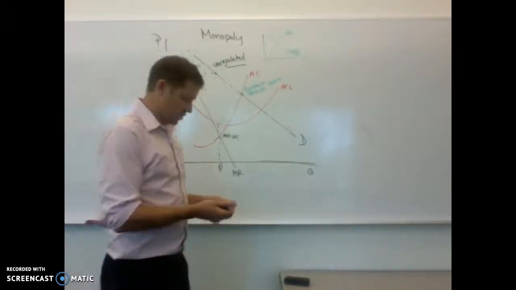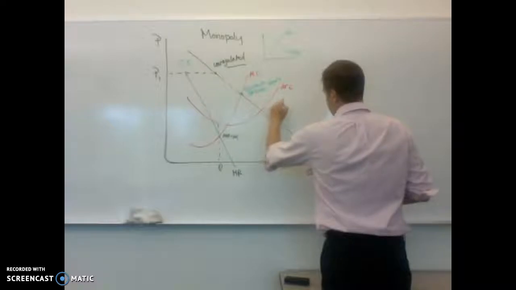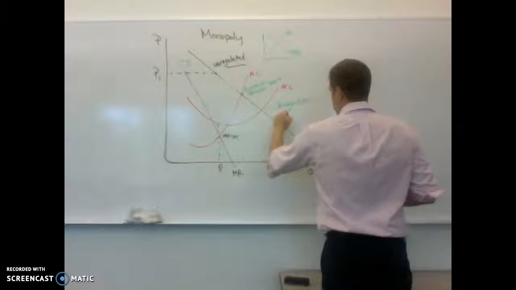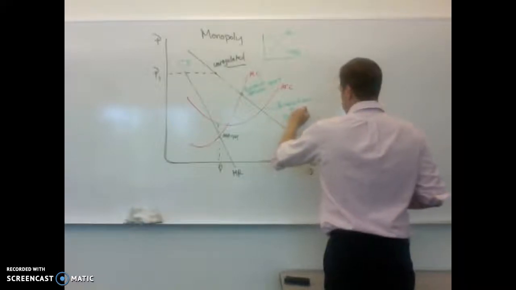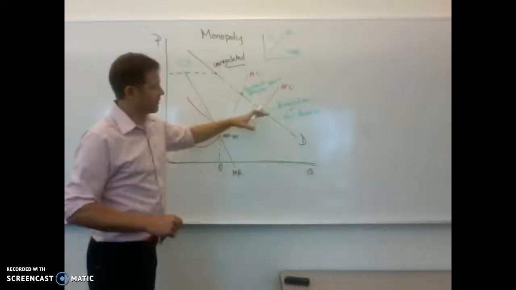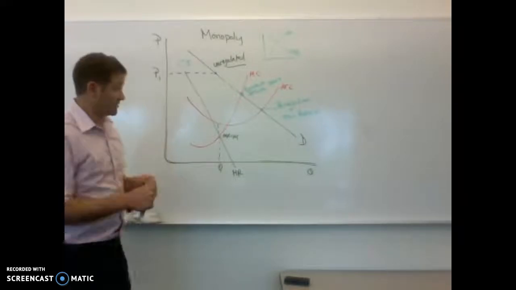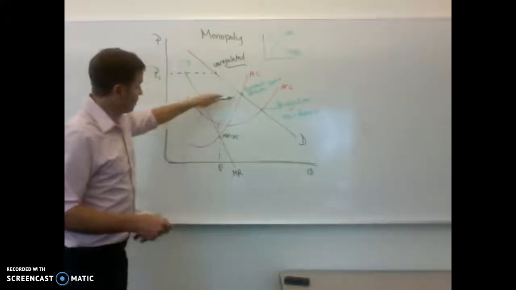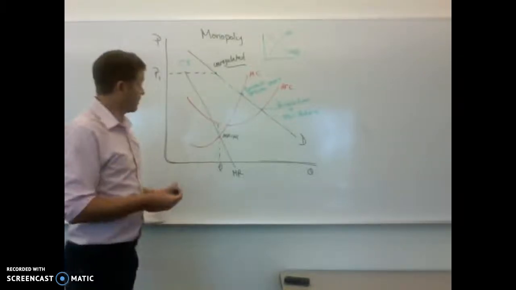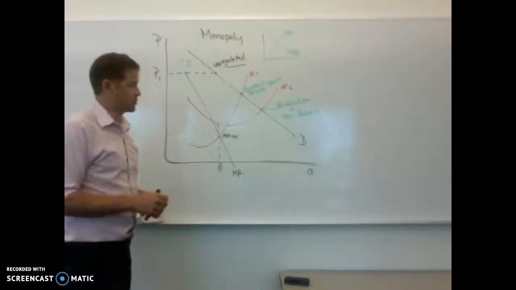The last point is called the break-even or the fair return. That is the point at which all of their costs are covered, but they're not earning any economic profits. If you notice, at this point they're still earning economic profit, but at this point only their costs are covered, so they're just earning normal profit.